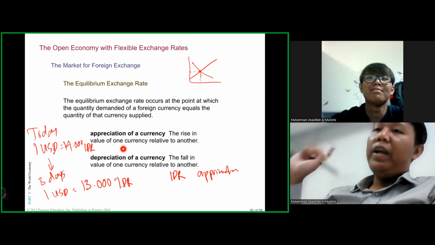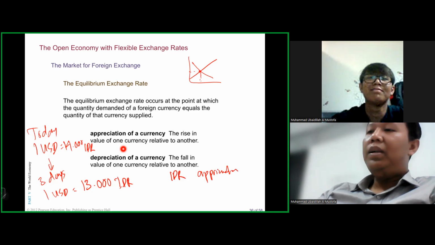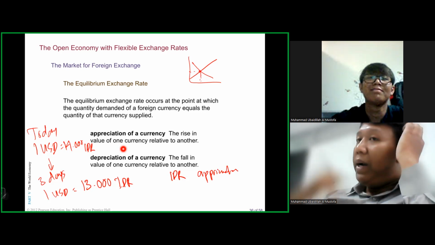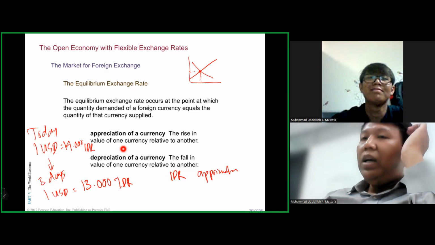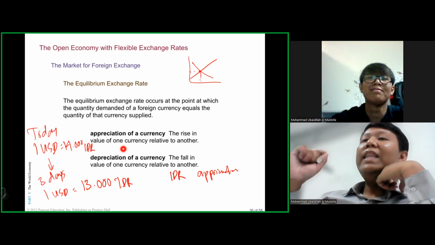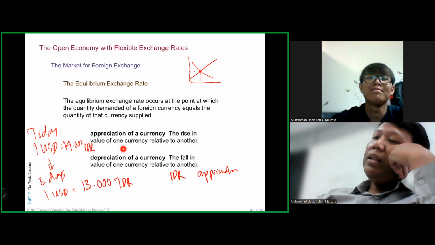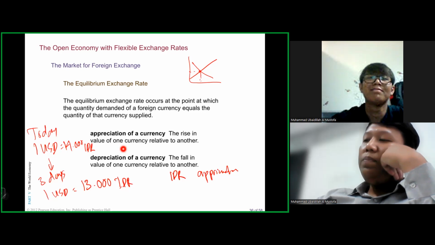Before, 3 days ago, you needed 14,000 rupiah to exchange for $1. But now, after 3 days, you only need 13,000 rupiah. It means that our currency, the Indonesian rupiah, is experiencing an appreciation, while the US dollar is experiencing a depreciation.